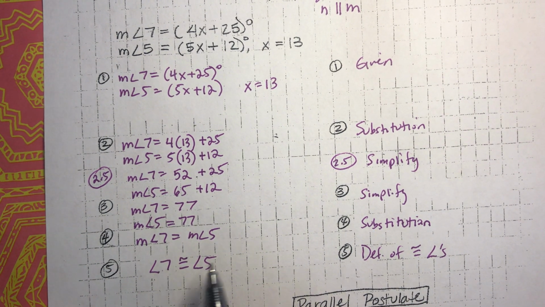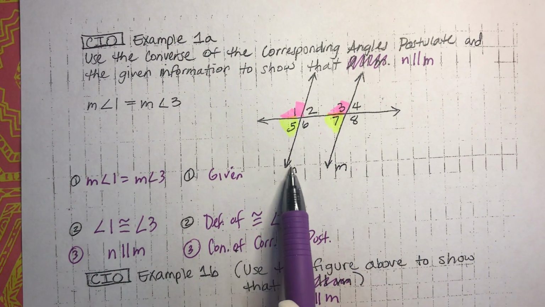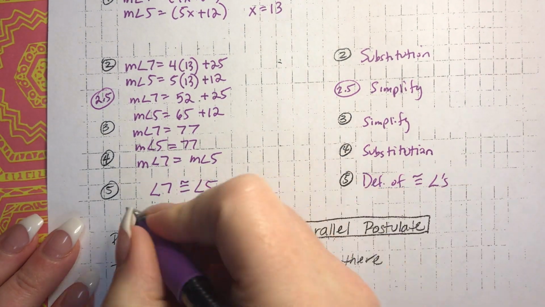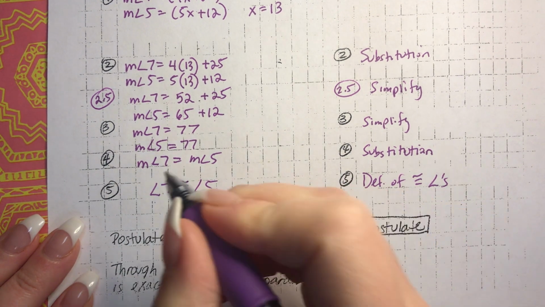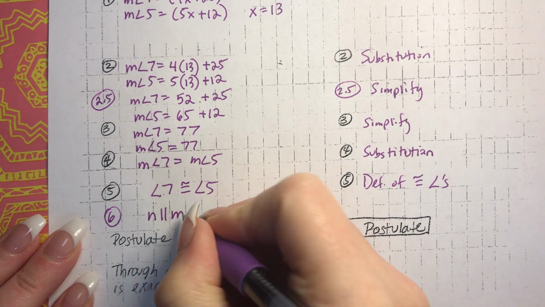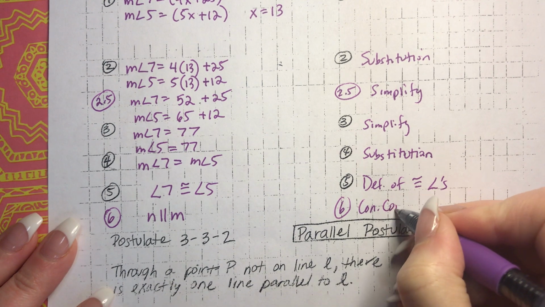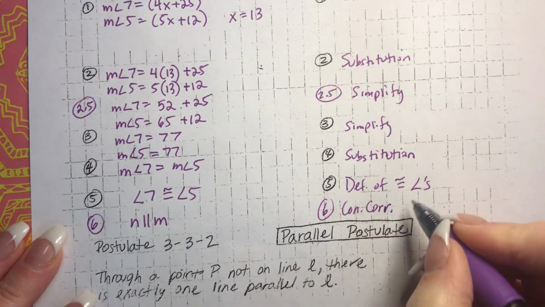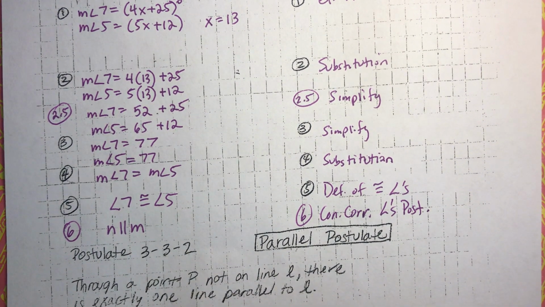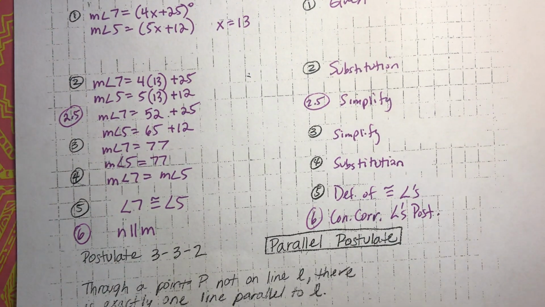And lastly, these two angles, 5 and 7, are congruent. So therefore, we can say that N is parallel to M by the converse of the corresponding angles postulate. All right, if you got all of that right, wonderful job, very impressive.